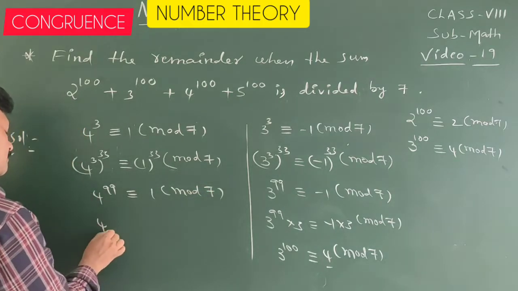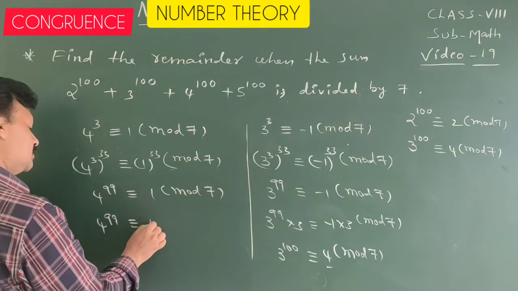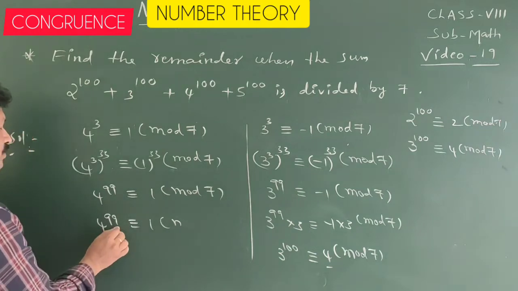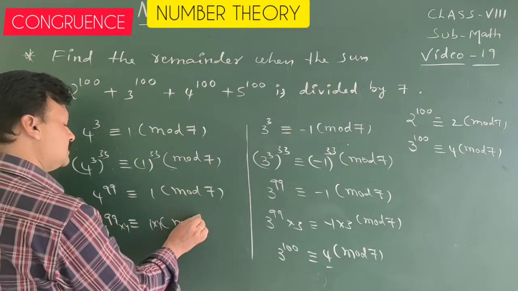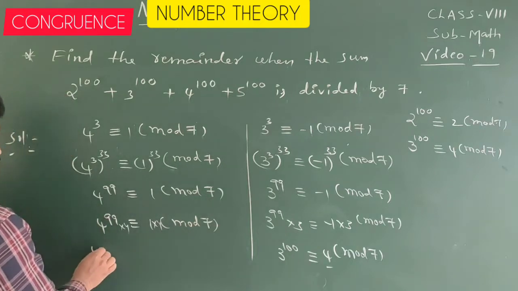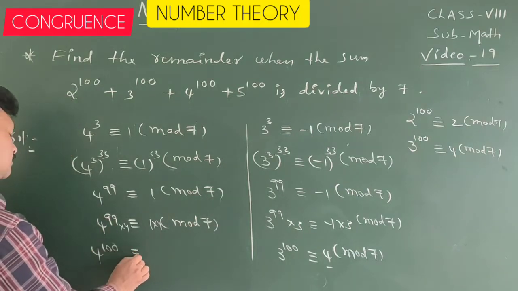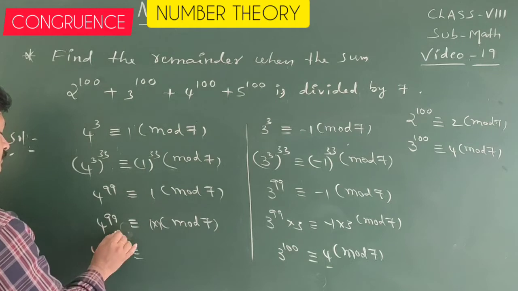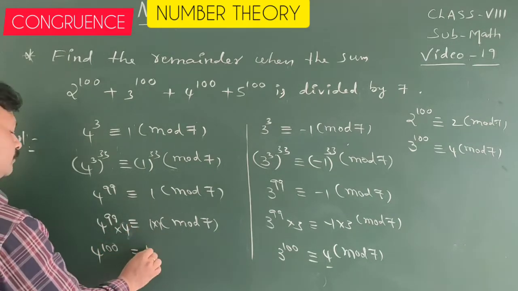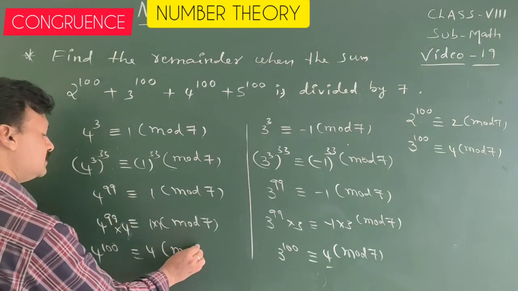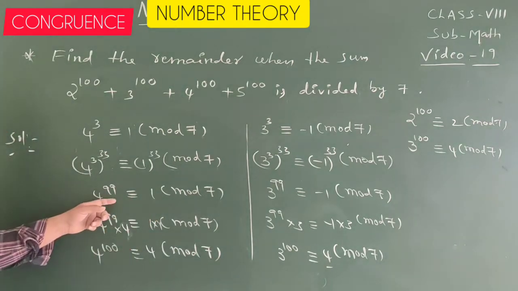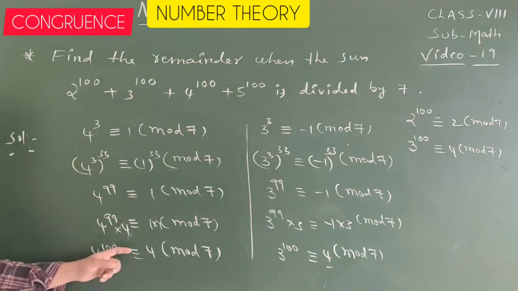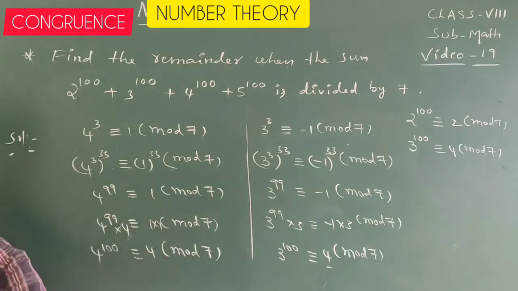So here 4 power 99 is congruent to 1 into 4 to the mod 7, multiplied by 4 on both sides. 4 power 99 into 4 means 4 power 100. 1 into 4 means 4.